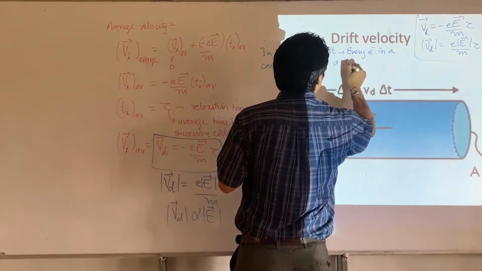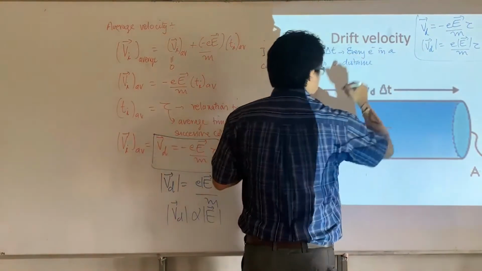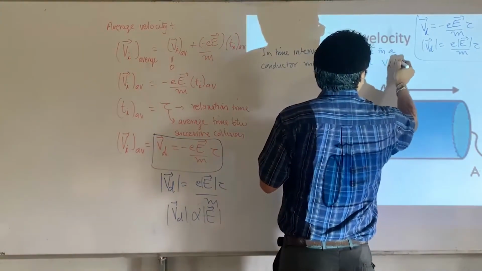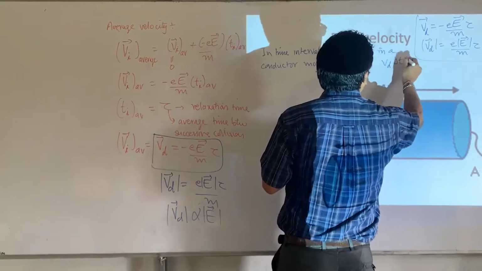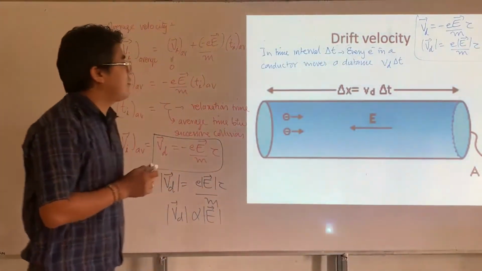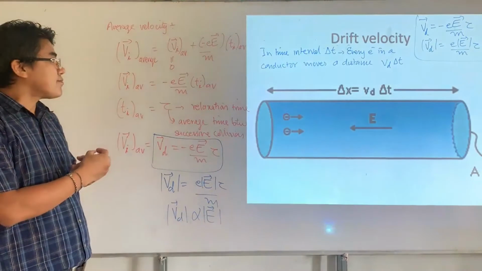Electron here refers to a free electron. What is the distance? Vd delta t. This is the distance moved.